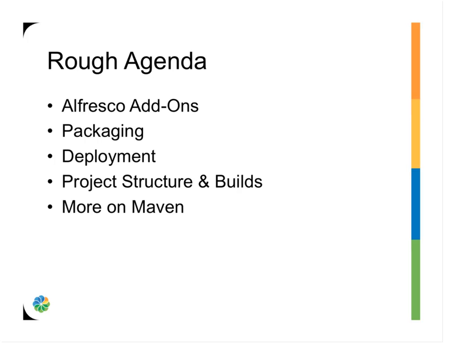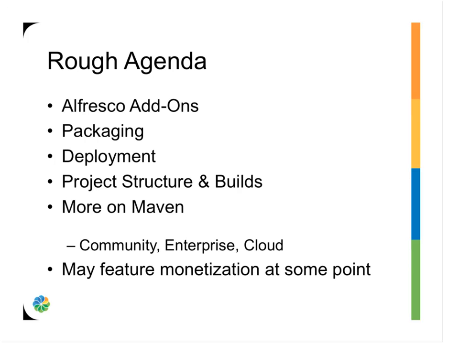Then we will move into packaging and deployment and talk a little bit about project structure and builds. And then Gab will try to convince us all to use Maven for all things Alfresco. And so we'll get into those details.